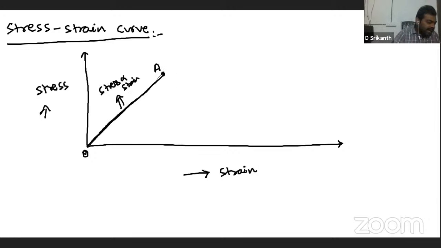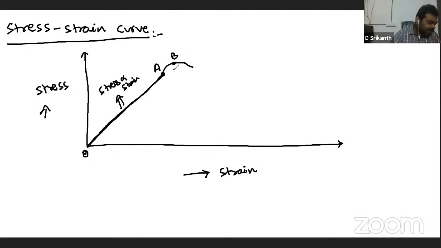After the elastic limit, if I apply still more stress, what will happen? Initially the object will change its shape. Here we are having a graph like this.